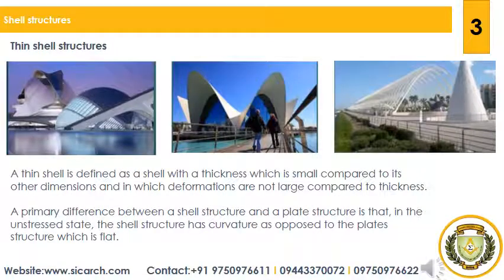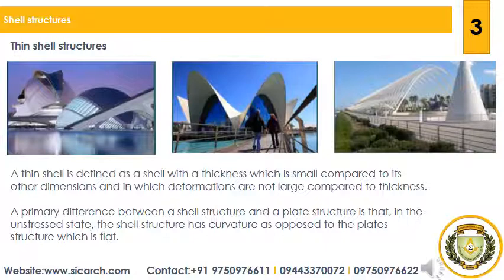So next we will see about thin shell structures. So a thin shell is defined as a shell with a thickness which is small compared to its other dimensions and in which deformations are not large compared to its thickness. So a primary difference between the shell structure and a plate structure is that in the unstressed state, the shell structure has curvature as opposed to the plate structure which is flat.